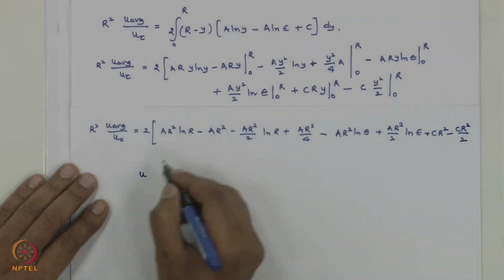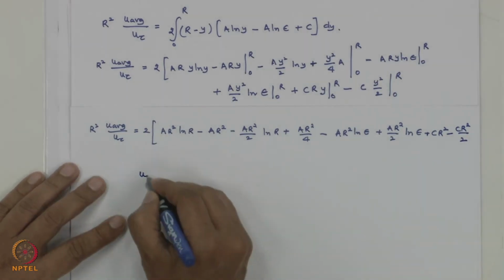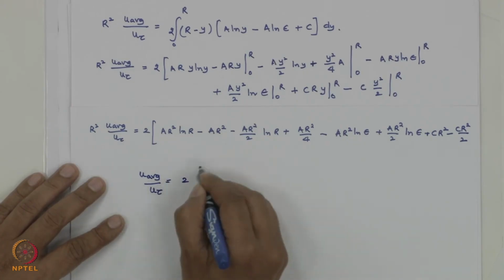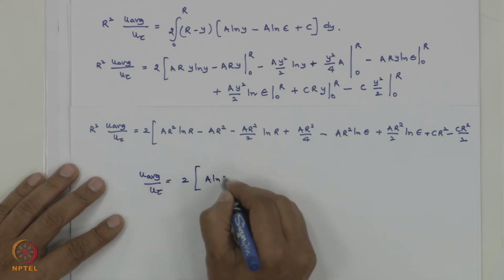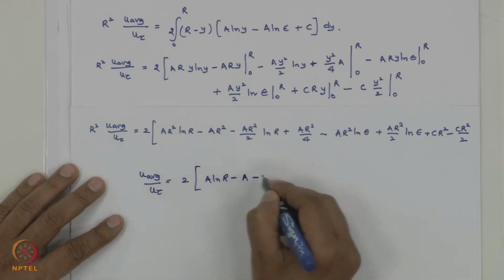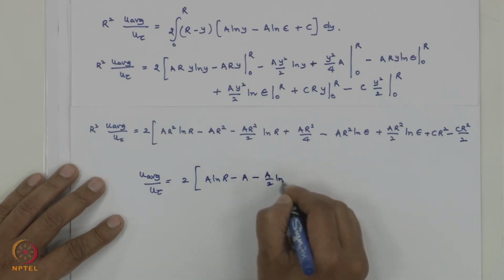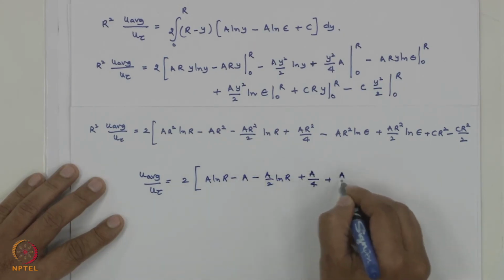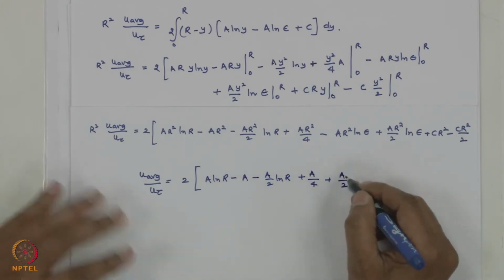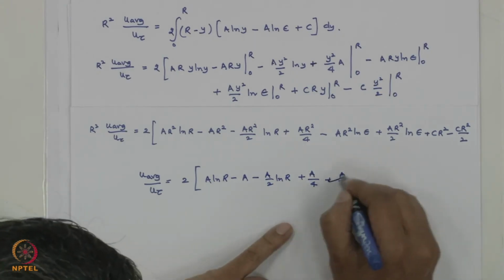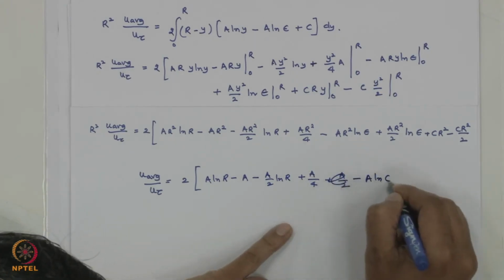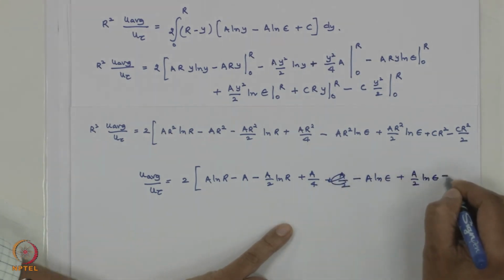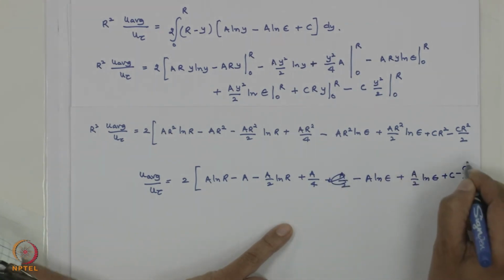So we are reaching, R squared can be taken as common. U average upon u tau equal to 2 into a log R minus a by 2 log R plus a by 4 plus a by 2, a by 4 minus a log epsilon plus a by 2 log epsilon plus c minus c by 2.